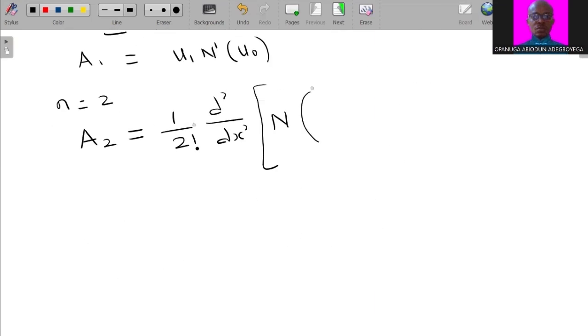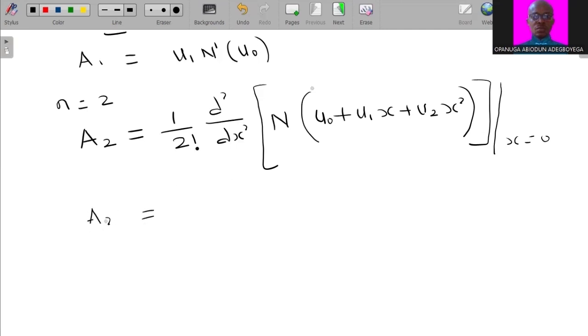So we obtain the following terms: u_0 plus u_1 x plus u_2 x squared. Differentiating this twice, our A_2 will yield u_2 N prime of u_0 plus 1 over 2 factorial u_1 squared N prime prime of u_0.